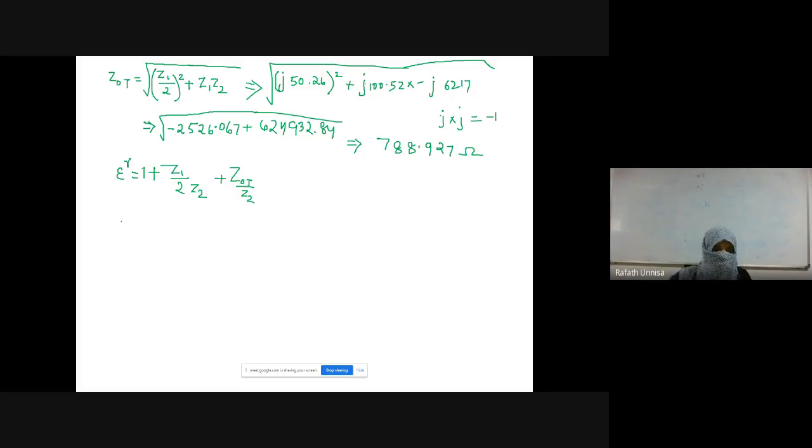So 1 plus, Z1 by 2 is J 50.26 by Z2, which is minus J 6217, plus ZOT, which we got as 788.927, divided by Z2, minus J 6217. Here the J terms get cancelled, and I have only the numerical value.